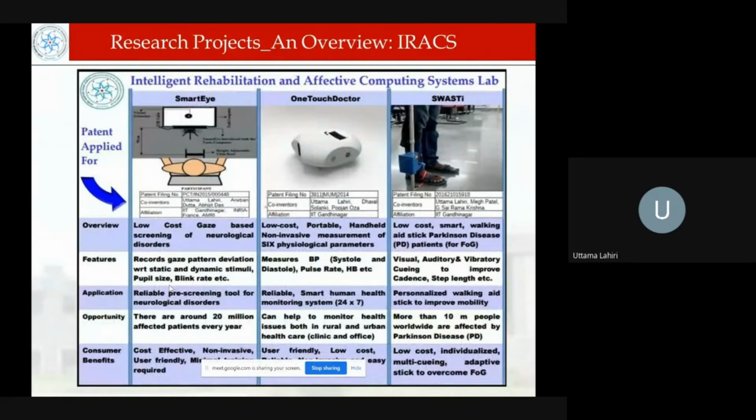To conclude, in fact we work with children with autism. That's one of the applications, and the other application is where I work with individuals with movement disorders, where we design different types of wearable portable devices because we are in diagnostics and rehab as well. So this is one of the smart eye devices where we came up with eye gaze measures.